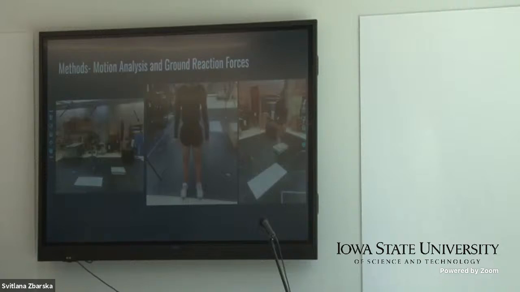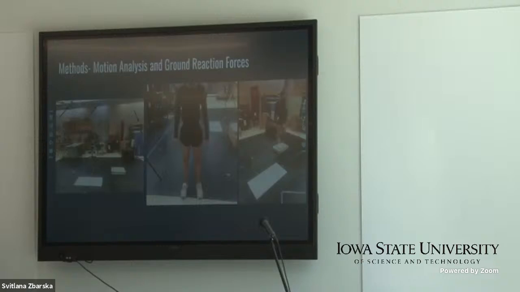So there are 12 total, either hanging or standing in this system. And then I'd also like to point out the portable force platform on the ground, as well as the force platforms that are built into the ground as well. I will talk about those in a moment that we use to measure those ground reaction forces. And then we can see in those two pictures where the markers are placed on the participant. Like I said, we have 21 total.